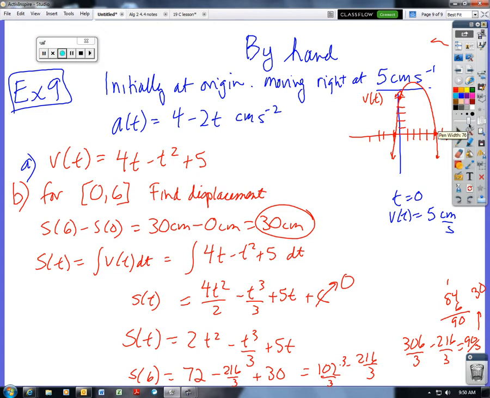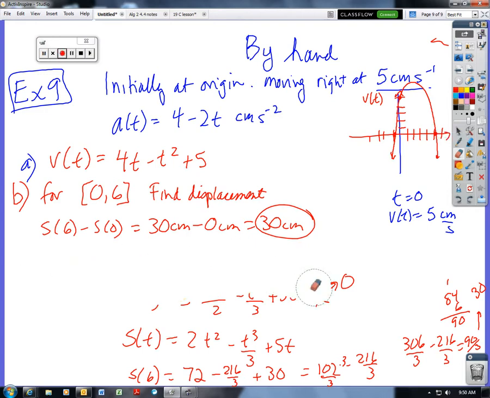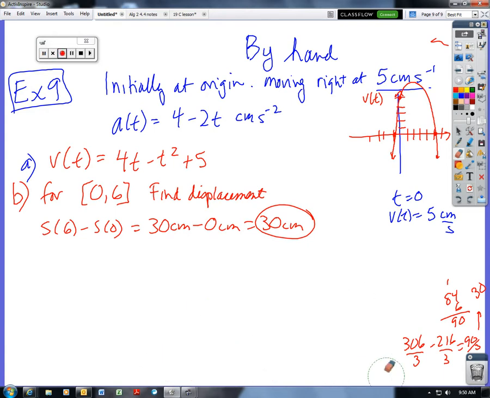Okay, I'm going to get rid of all this. So I do want to write down though that s of 6 is 30 because that was here. We need to know that. Oh, I need s. Well, I've got it written down. I do need that s function. So s of 0 is 0. We need to know that.